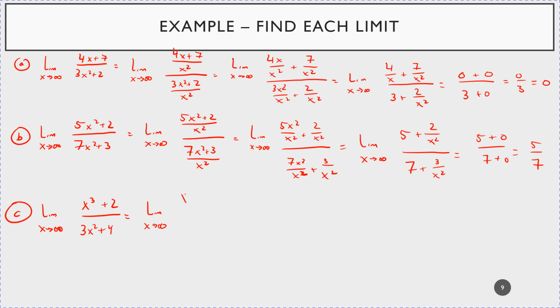I'm going to divide everything by x squared. Break it up. So this is the limit as x goes to infinity of x cubed over x squared plus 2 over x squared, divided by 3x squared over x squared plus 4 over x squared.